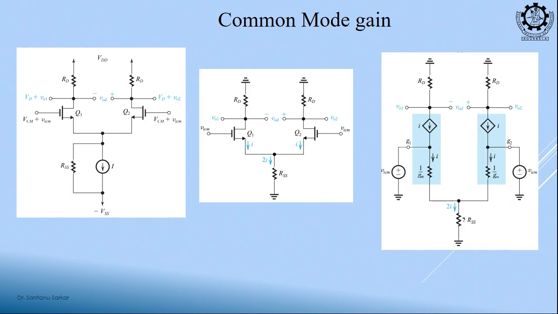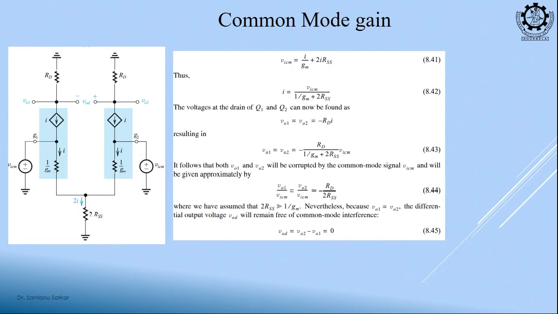We have already discussed that the common mode gain is ideally 0, but in reality it is not exactly 0. We can model the current source with a 2 RSS resistance, do the same analysis and calculate this small signal voltage. So, this will be roughly RD by twice RSS.